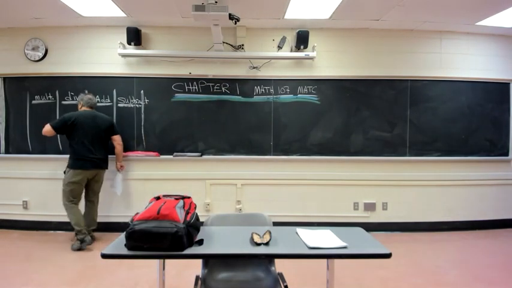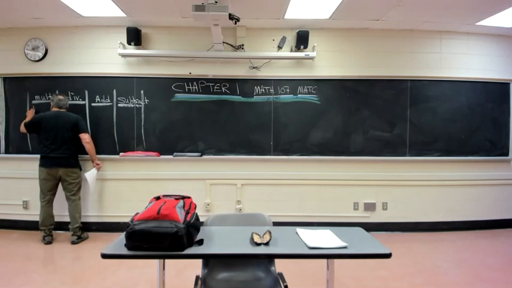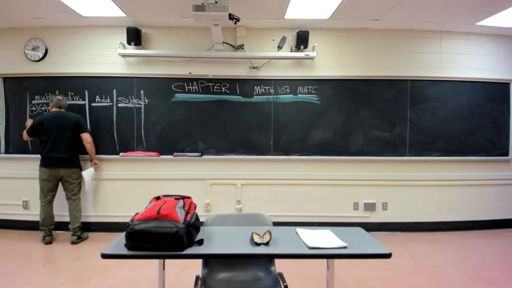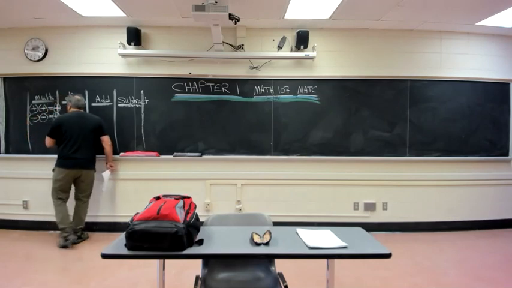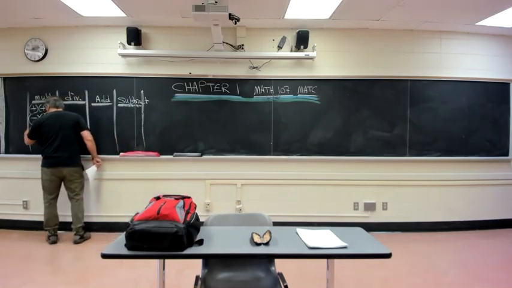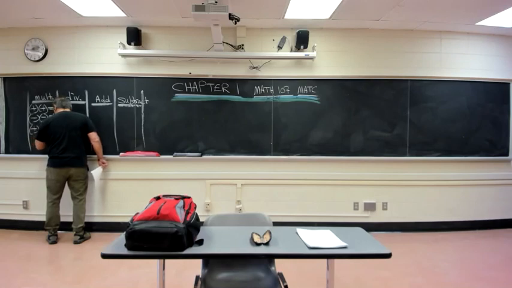Aside from what we just said, we remember that if you multiply 2 positive numbers, you get a positive answer. If you multiply 2 negative numbers, you get a positive answer. If you multiply 2 numbers of different signs, you get a negative answer. It doesn't matter the order in which you multiply them.